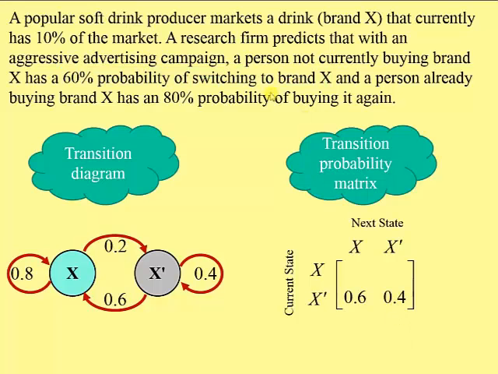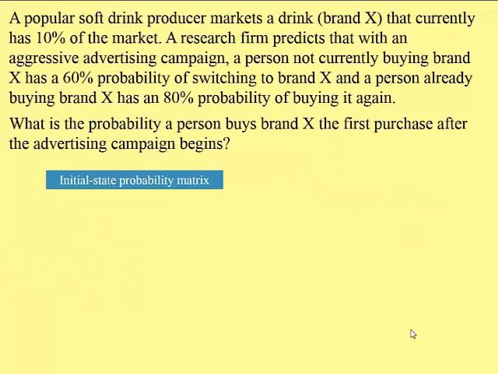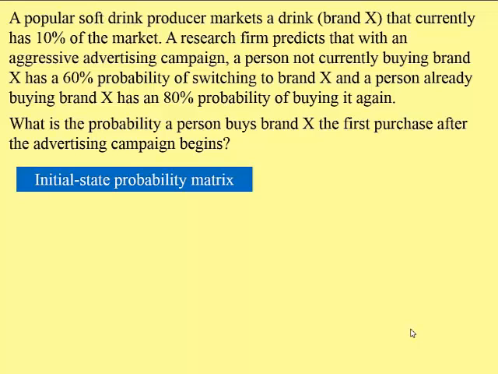And then we're told that 80% of the people that buy brand X are going to stay buying brand X. That would be 80% in this spot. And then the people who switch from brand X to something else would be the 20%. This is the transition matrix. To go along with this, we can also create a matrix that's called the initial state matrix.